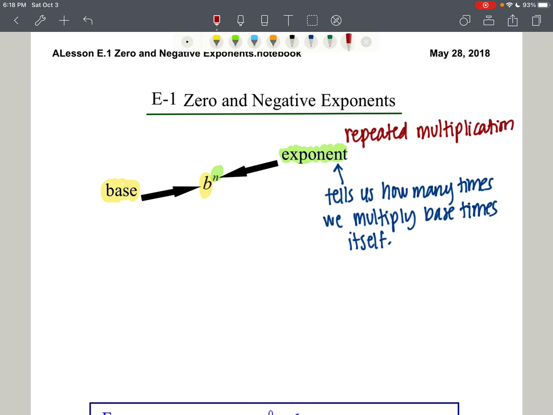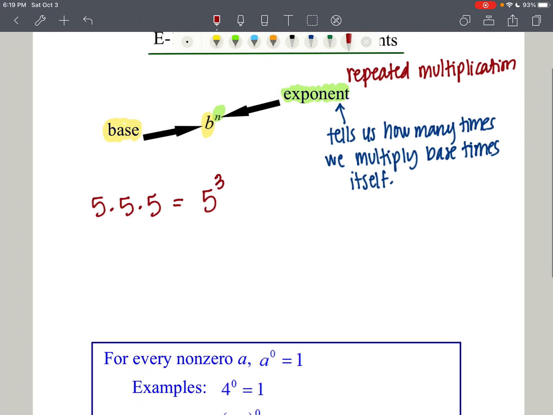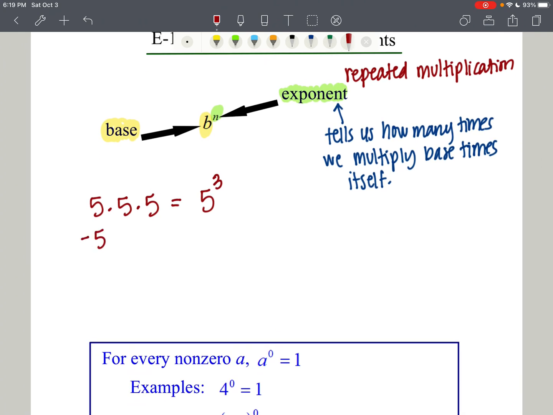For instance, if I have 5 times 5 times 5, that says my base is 5, and I'm going to multiply it by itself 3 times. If I have negative 5 times negative 5 times negative 5, that means I have negative 5 as the base multiplied by itself 3 times.